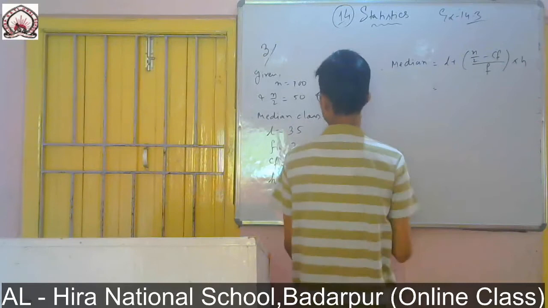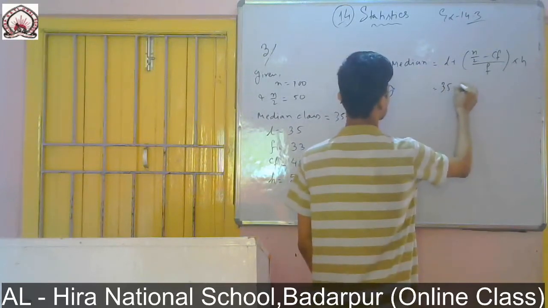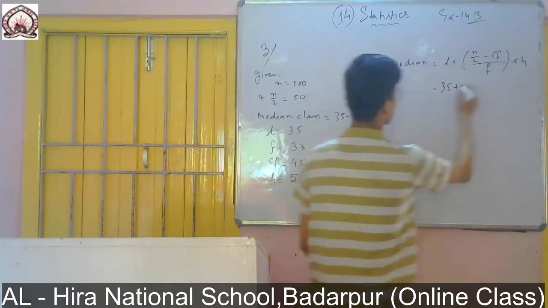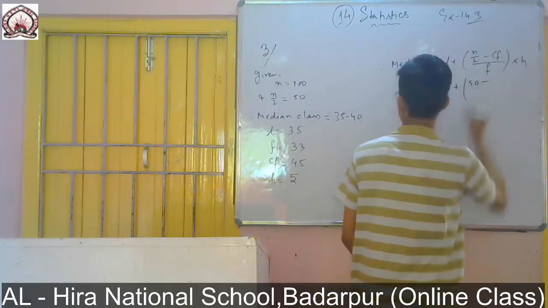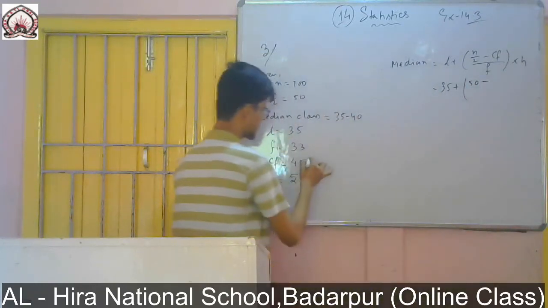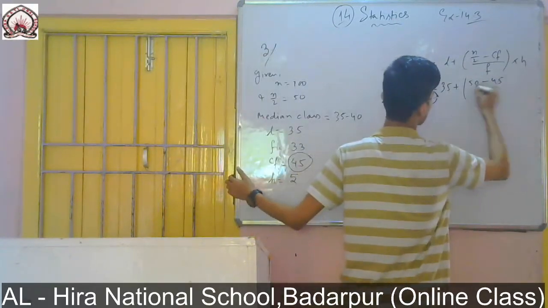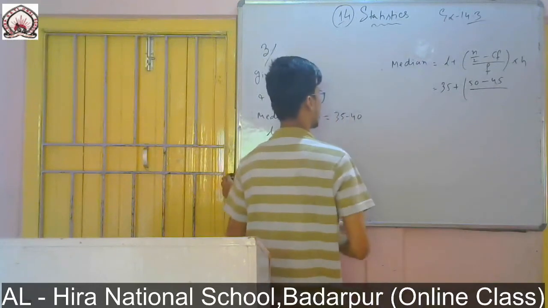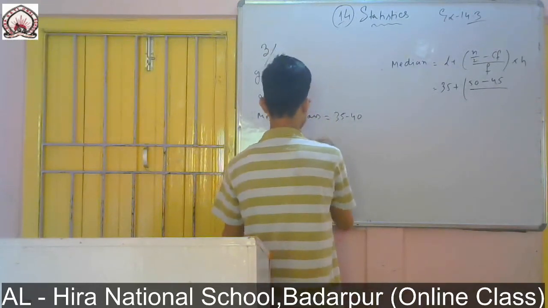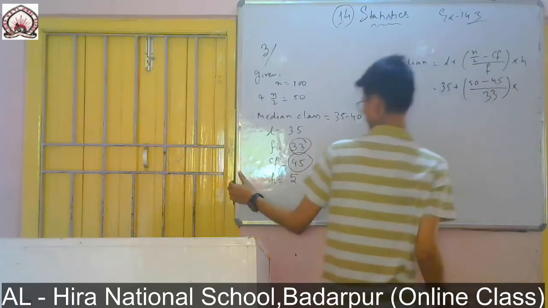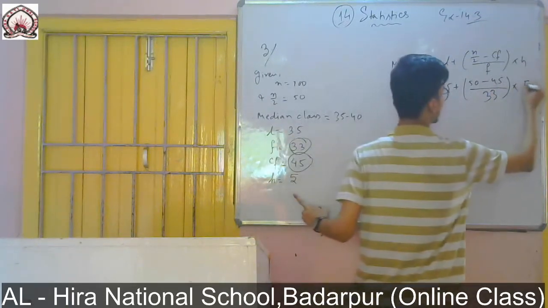So lower limit L will be 35, then n by 2, here we have got the value directly, I can write 50, minus cumulative frequency 45, then frequency f is 33, into height 5.